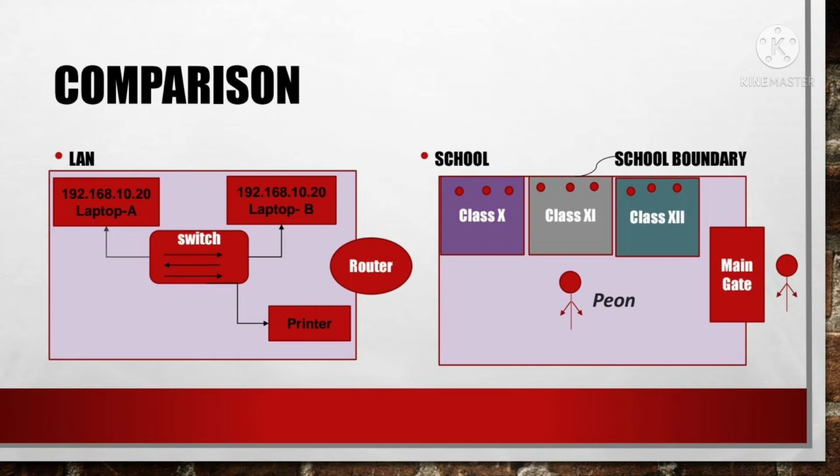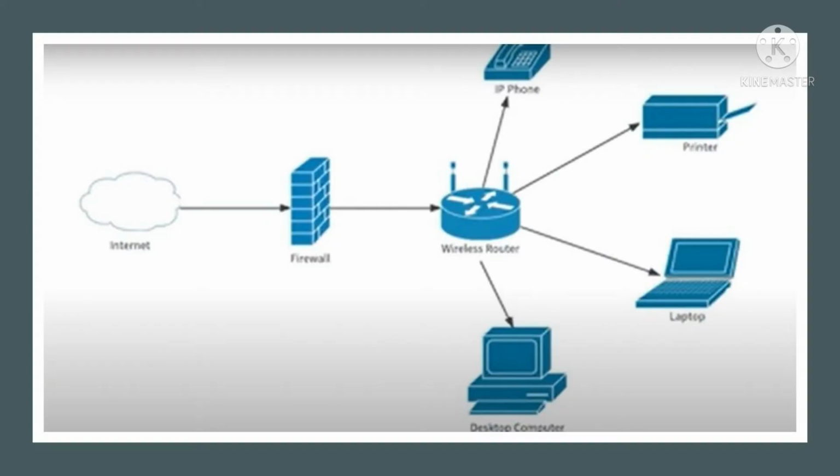So this security guard is nothing but a router. So a router is a network device which sits between two local area networks. Or if we frame it in a proper sentence, a router is a networking device that forwards data between different computer networks. Here computer network means LAN, WAN, etc.